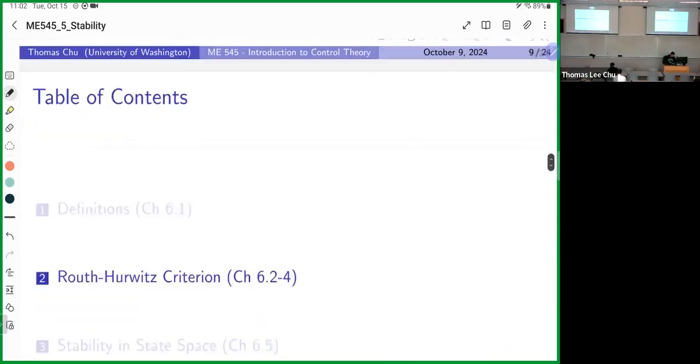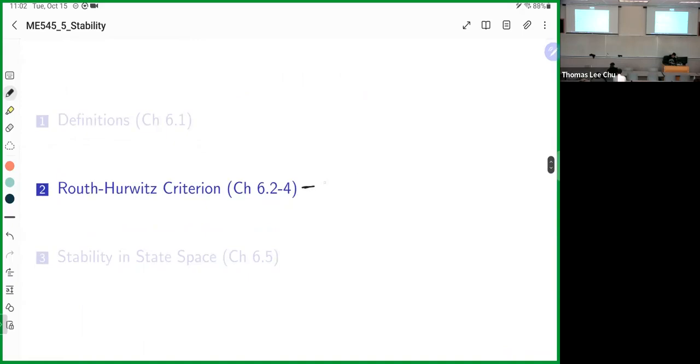All right, so moving on to Routh-Hurwitz, we're skipping it. So happy I don't have to teach it this year. I don't like it. If you are dying of curiosity, email me. I can post the lectures from last year along with the lecture notes for Routh-Hurwitz criterion.